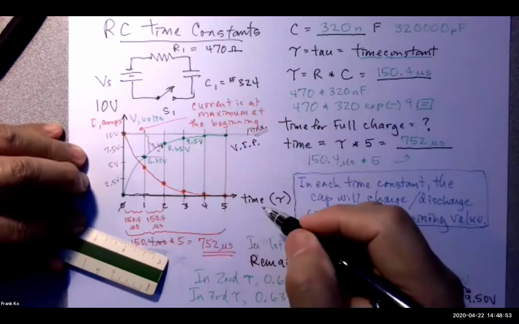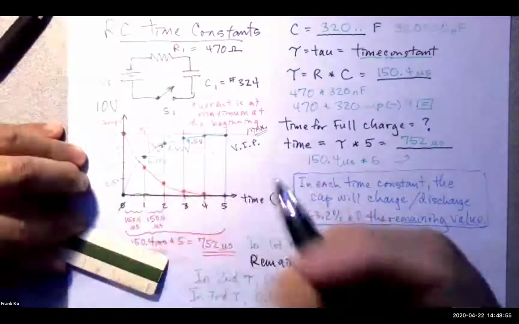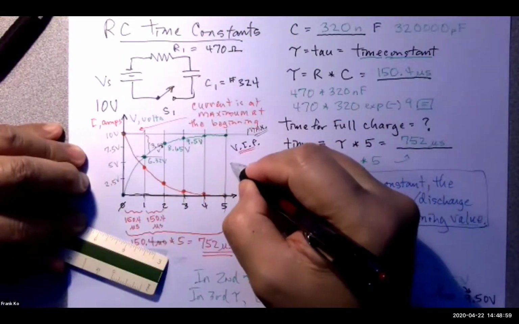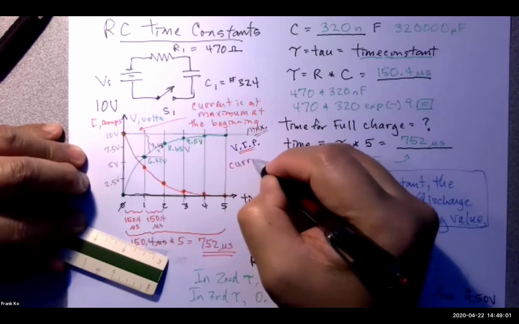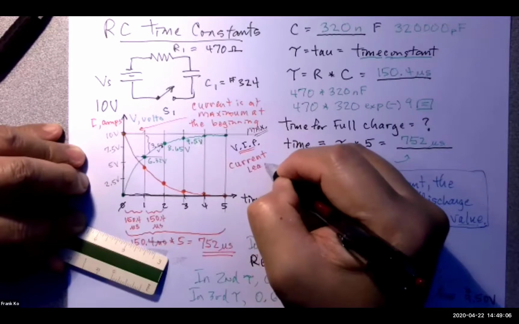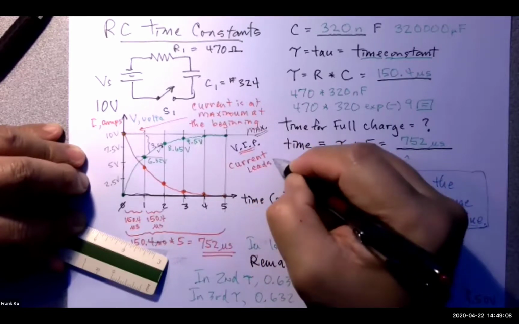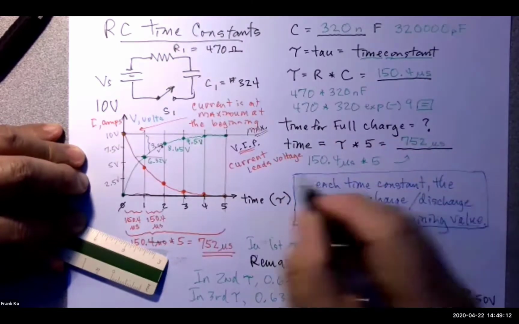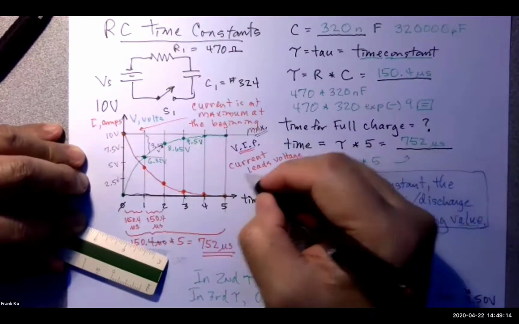VIP stands for very important point. And I'll do this in red. Very important point is current leads voltage. Current leads voltage.